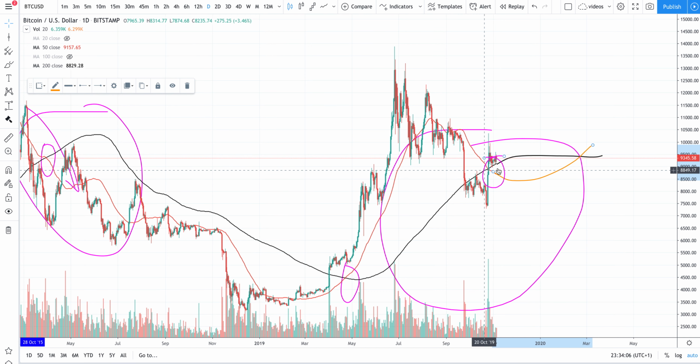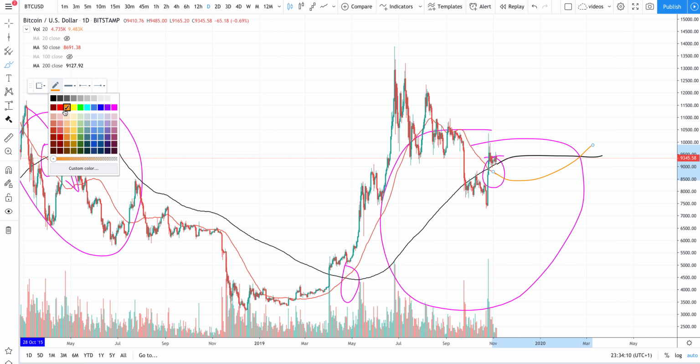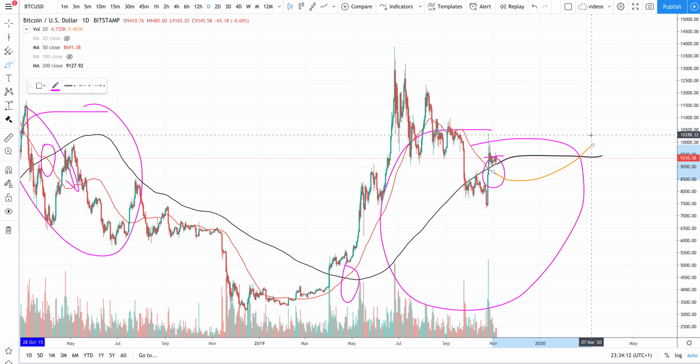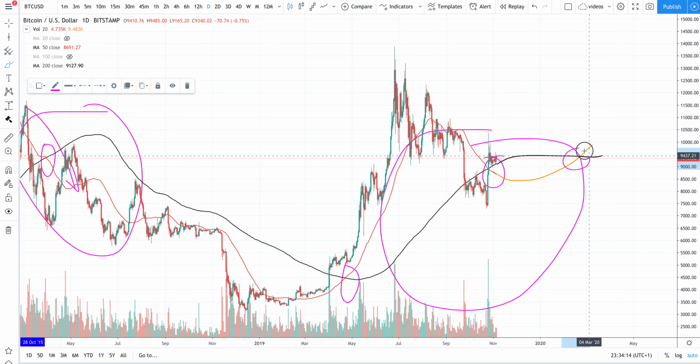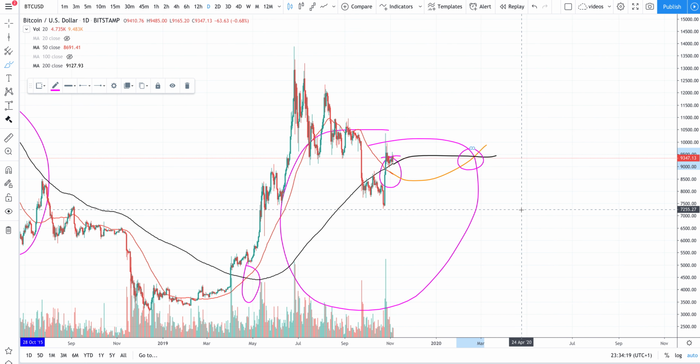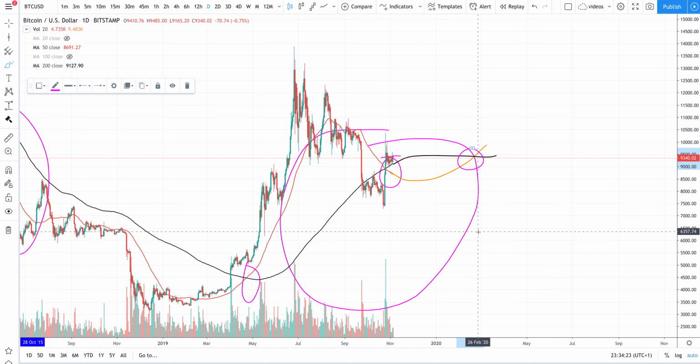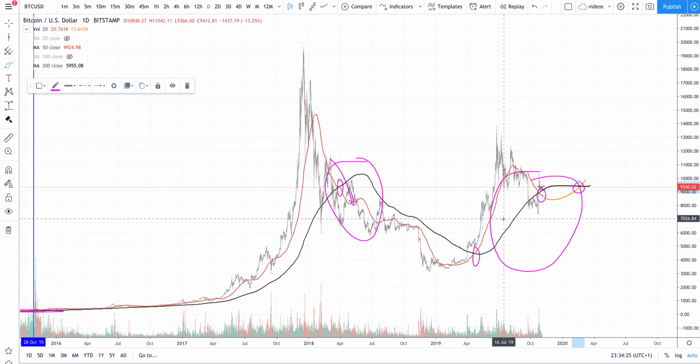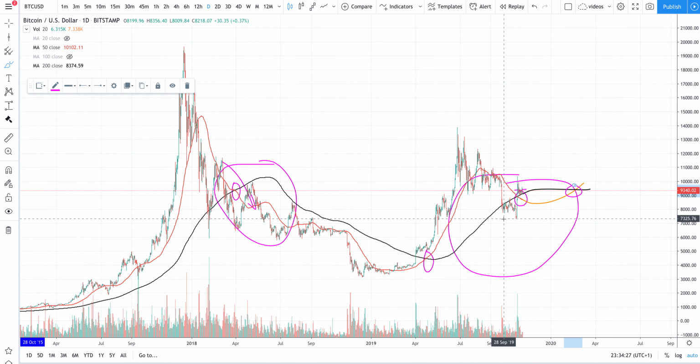Okay, so maybe it will happen again something like this. A new golden cross, maybe at this point or something like this. But we will see. Okay, so we also explained another big important concept.